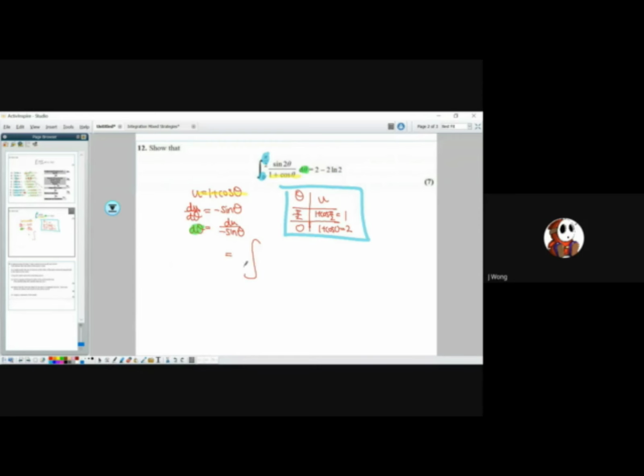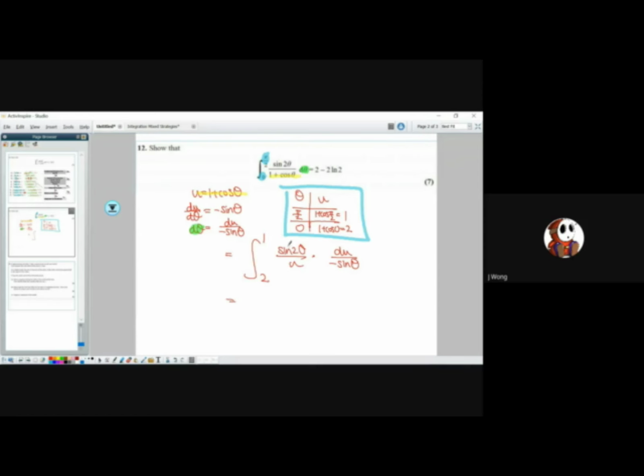So you will just change the corresponding values. The integral is now from 1 to 2, in the same position, of sin 2θ over u multiplied by du over minus sin θ. Then you could try to eliminate all the thetas in the expression.